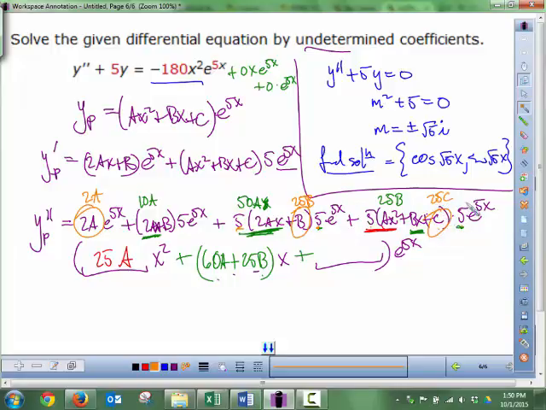Does that look okay? Did I catch everything? All right, so this is 2a plus 25b plus 25c times that. What's on the other side? The other side is negative 180 x squared e to the 5x.